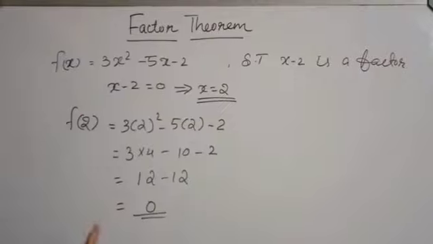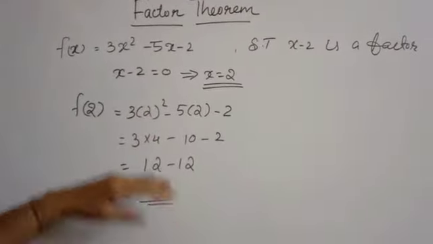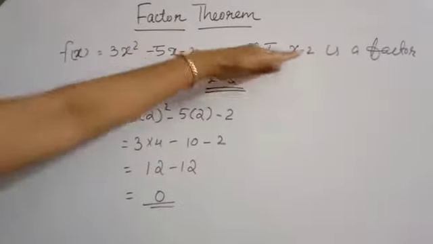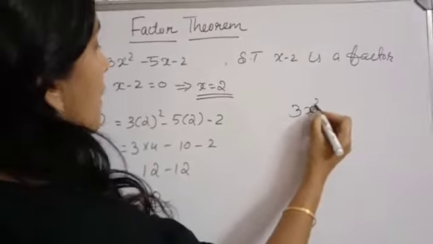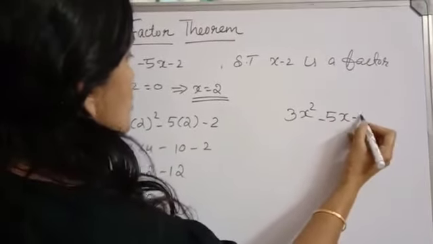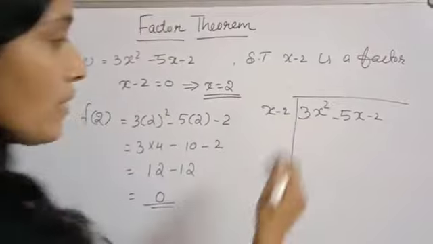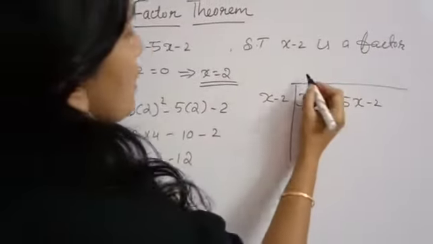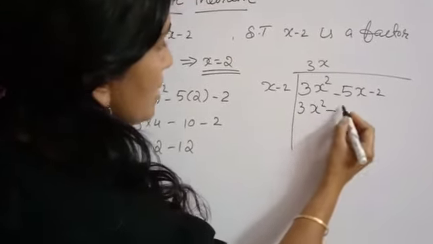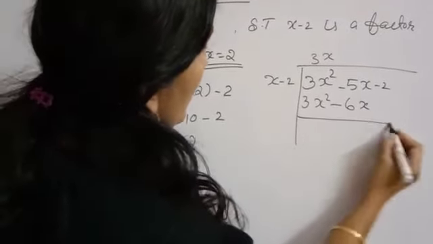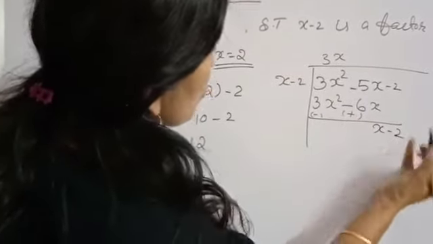Now, let's factorize this polynomial completely. So what you need to do is, you have to divide this polynomial by x minus 2. Right, 3x square minus 5x minus 2 divided by x minus 2. The division process, this will be 3x. It is 3x square minus 6x. As usual subtraction, you will get it as x minus 2.